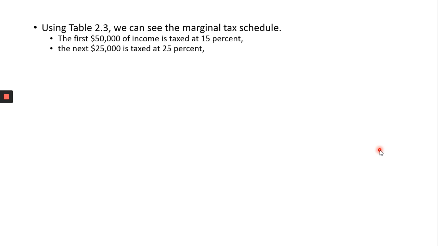Then the next $25,000 will be taxed at 34%. So we now have a total of $100,000.